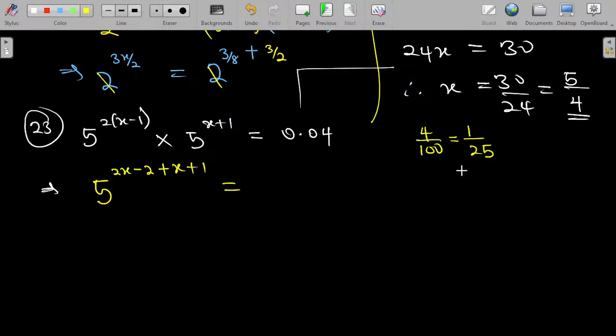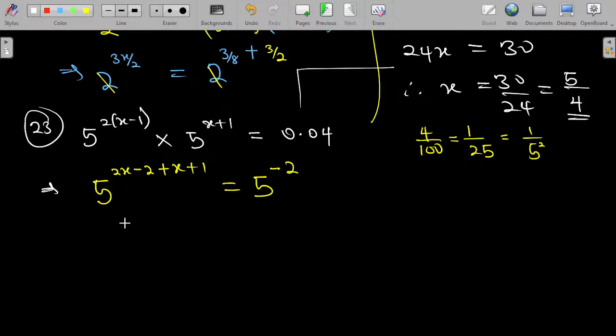You can clearly see that 1 over 25 can be written in index form with the base as 5. That's how beautiful math problems are. They will always give you something nice if you get it. So this is 1 over 5 raised to power 2, and we know that 1 over 5 raised to power 2 is the same thing as 5 raised to power minus 2, and you are done.